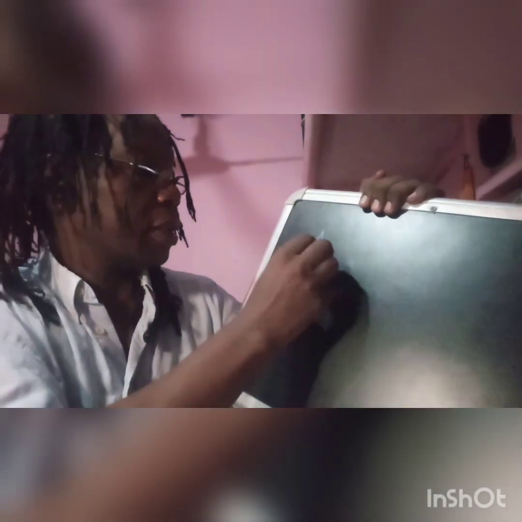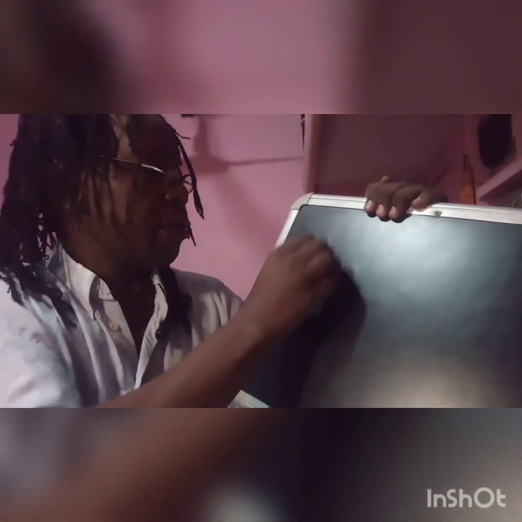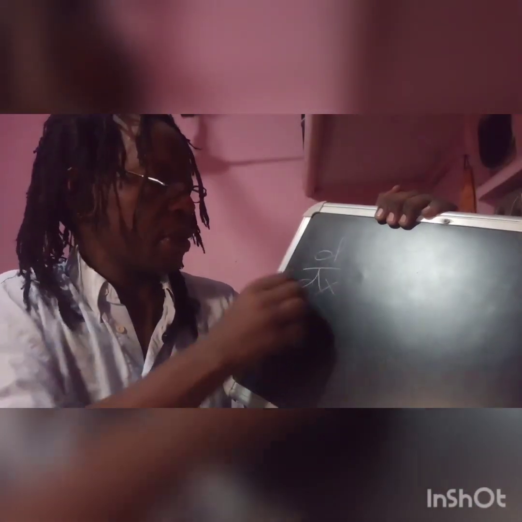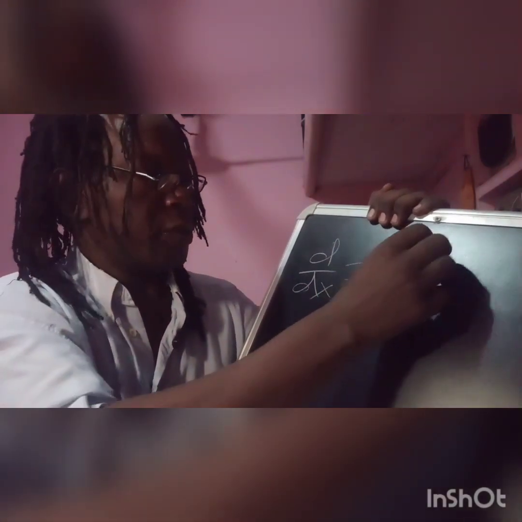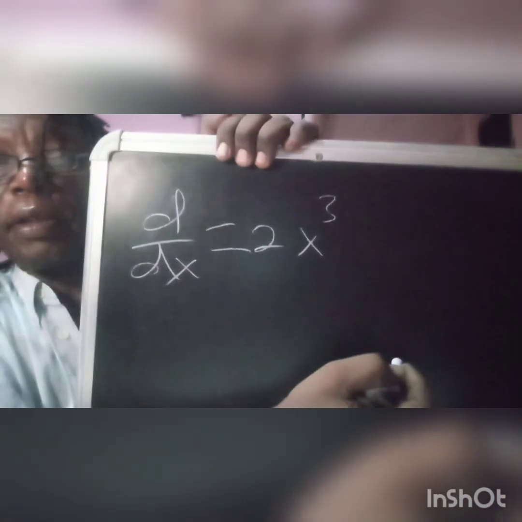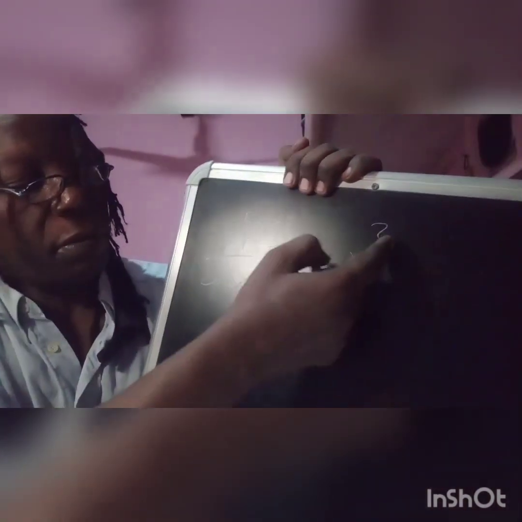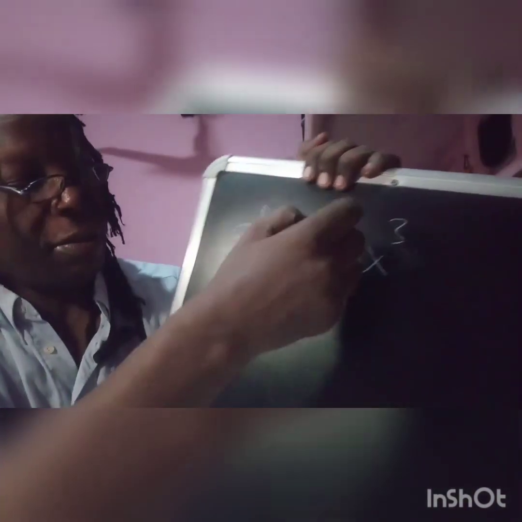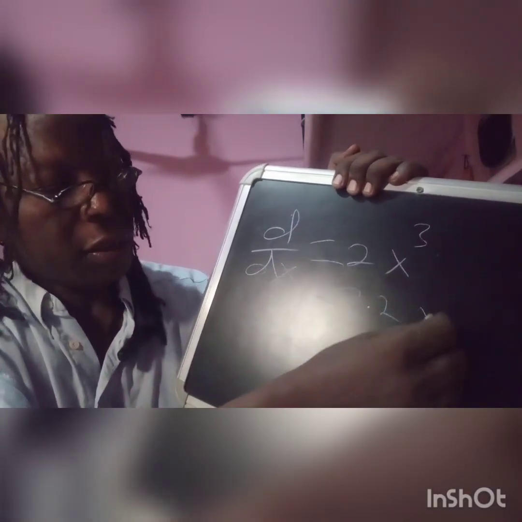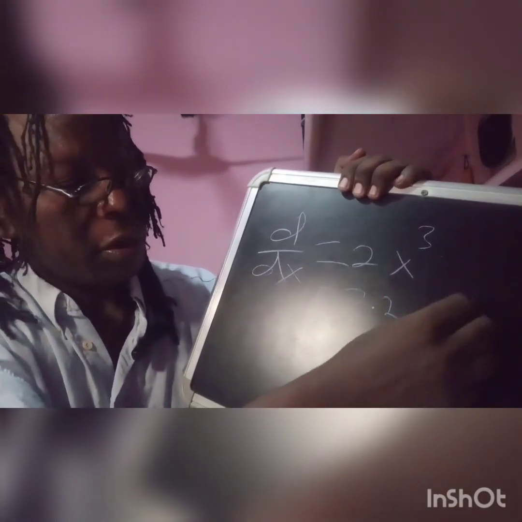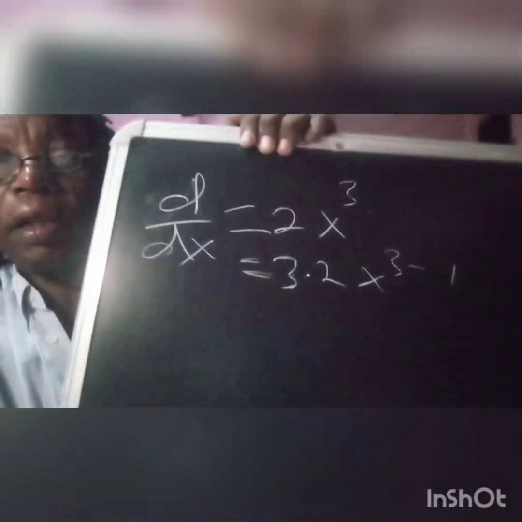You can put any value, like d over dx of 2x³. To differentiate this, you bring the exponent in front and reduce it by 1. So it will be 3 times 2, and x to the power 3 minus 1.